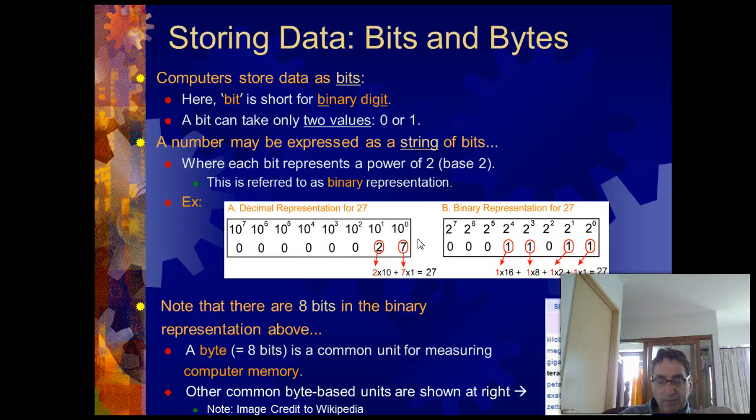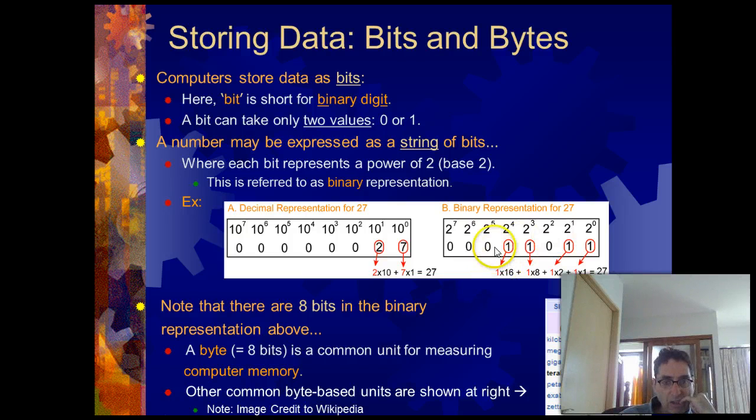Notice also that in decimal representation we have 10 digits, 0, 1, 2, 3, 4, 5, 6, 7, 8, 9, and in binary we have 2 digits, 0 and 1. So you don't go higher than that here.